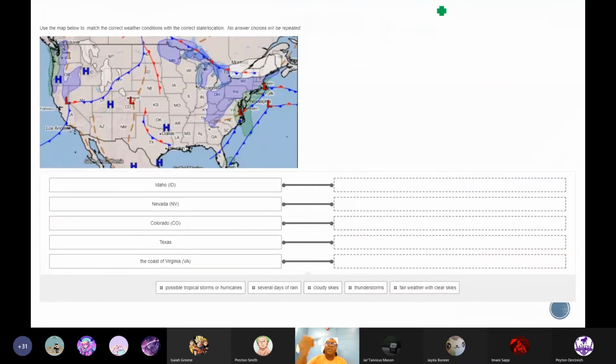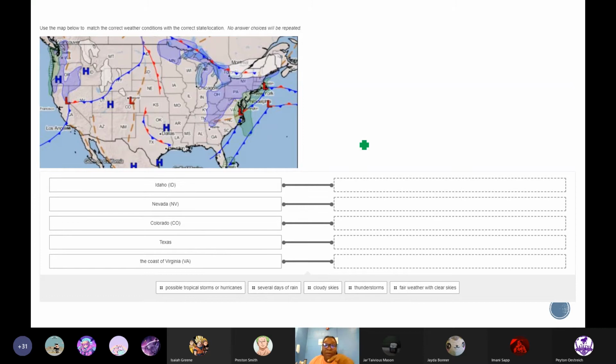So when we look here at number 4 on your first reading weather maps practice, where you had 5 questions you needed to answer, only 47% of your class answered all 5 of these correctly. What we wanted to do is match the weather conditions with the correct area.